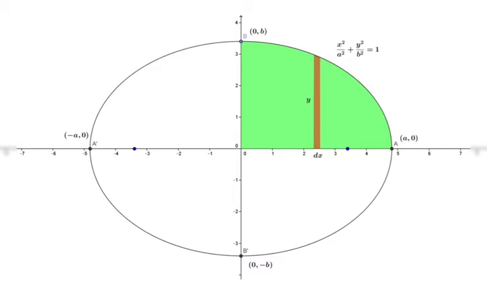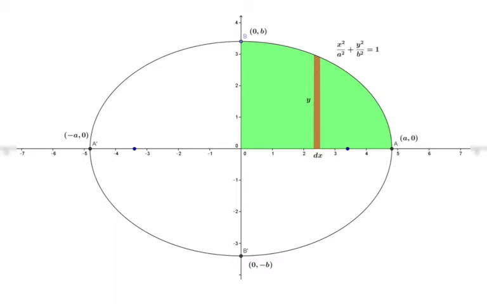Now how to find out the area of the whole region which is colored in green? The idea is simply by drawing such vertical strips. We draw such vertical strips to the right of it infinitely and to the left of it infinitely.